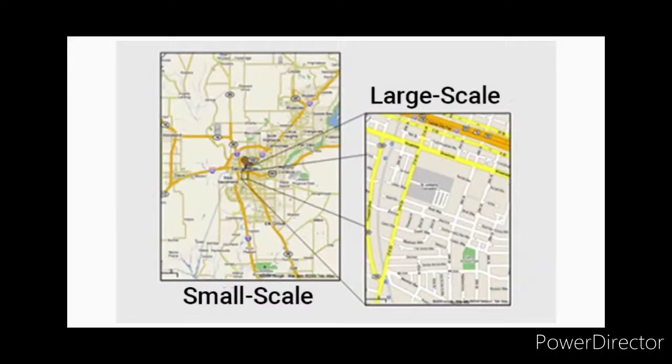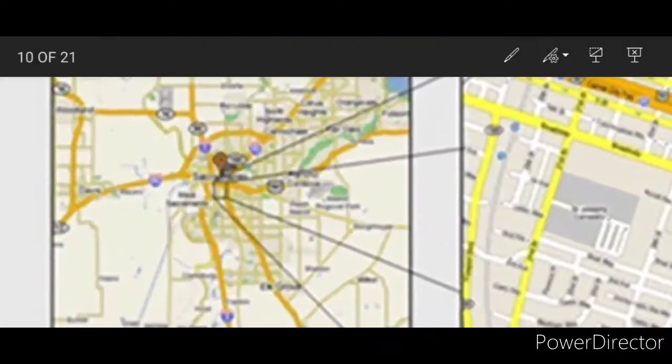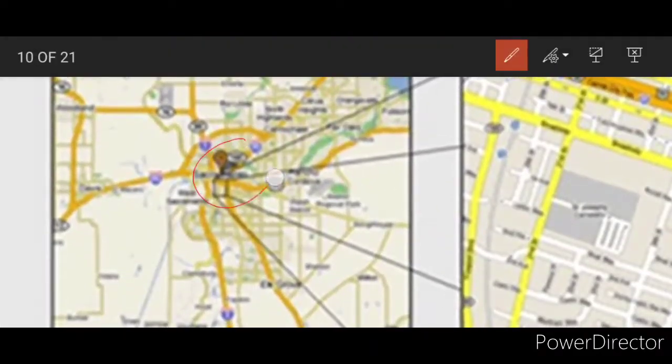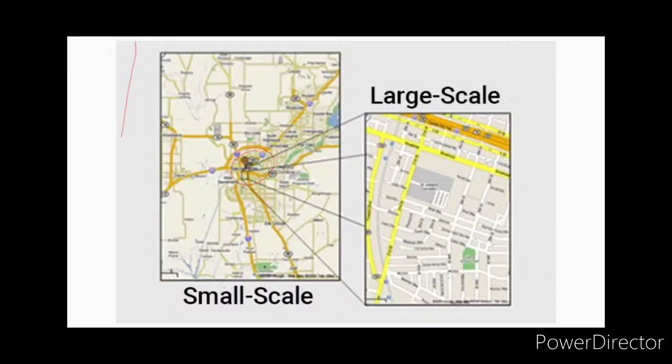Here we can see that this is a small scale map covering a very huge region, and the other one is a large scale map, showing you information about this particular region in detail. It gives you more information about that small region.